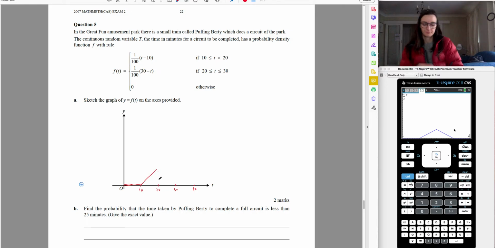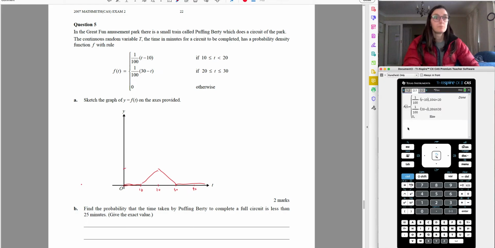Whoops, I'm going to undo that. Try again. Make it bin, and then flat. And I'm going to tell what this point is, and I'm going to do that by just asking what it's doing at 20. 1/10.